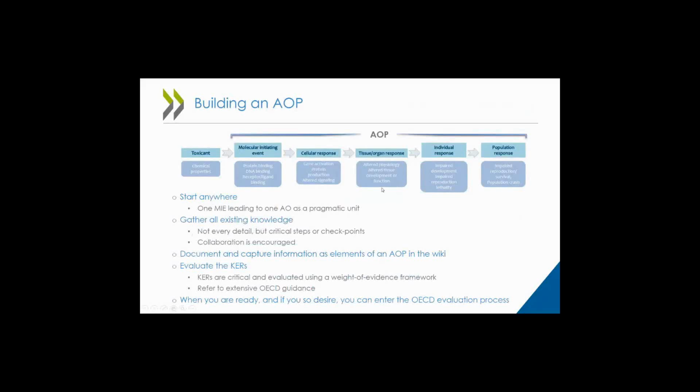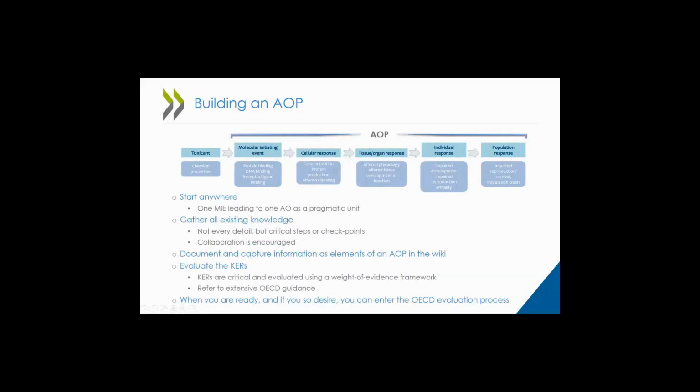Where you start usually depends on your field of expertise, but the basic process is the same regardless. A pragmatic decision has been made to define an AOP as one molecular initiating event leading to one adverse outcome. This is just an artificial convention, a simplification of biology, if you will, to give you a place to start.